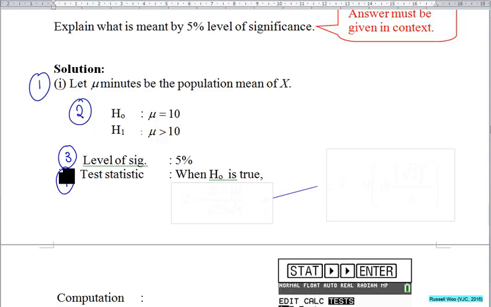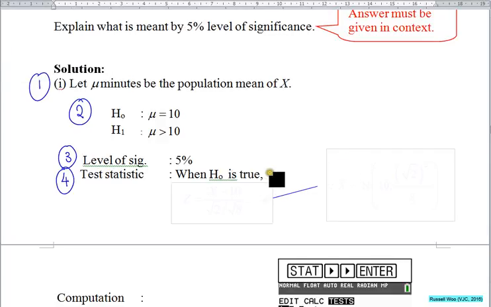Whatever I present in example 2 is all that you need to present, okay? Because example 1, I was a little bit detailed, where I draw graph, give you probability, etc. But what is presented here is the actual presentation. Now, when H0 is true, this one is by the side, not really needed, but I just want to explain.